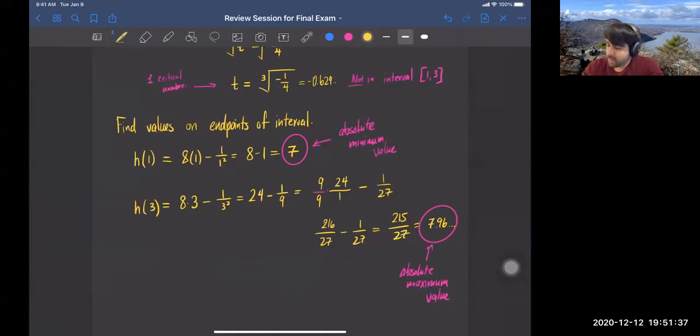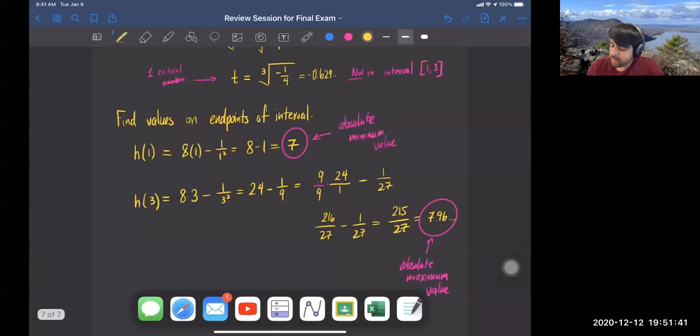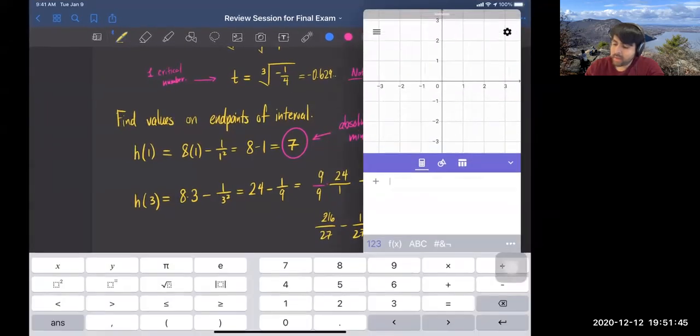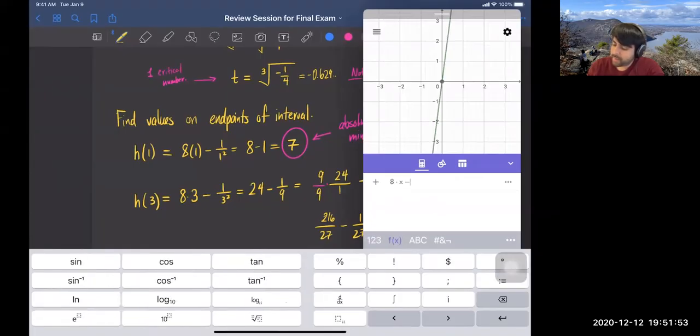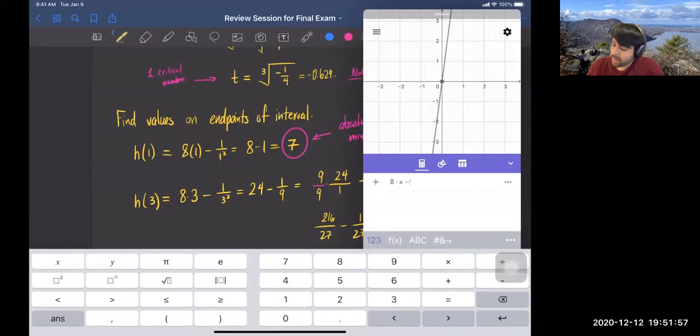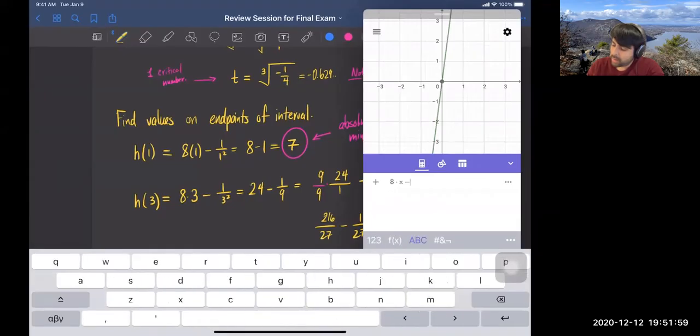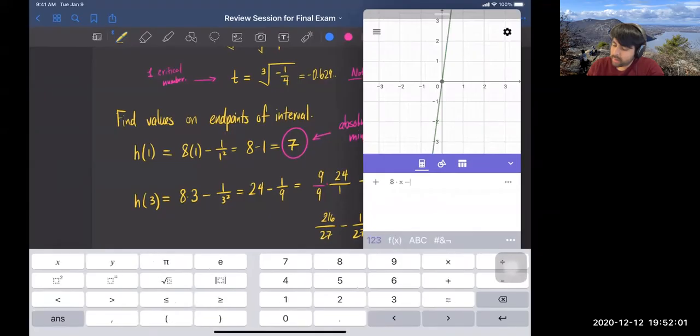And let me just graph this just to give us an idea. So if I want to get this idea, I get what? 8 times x minus 1 over x squared.